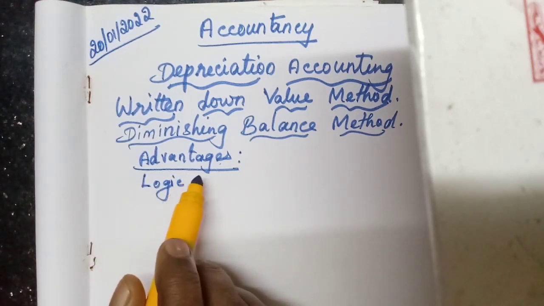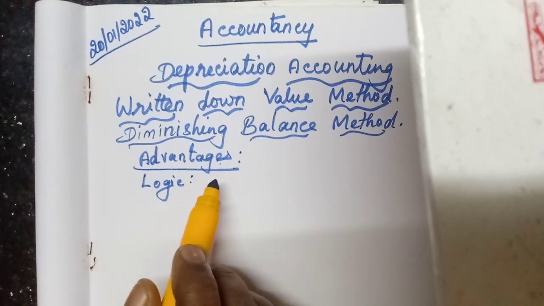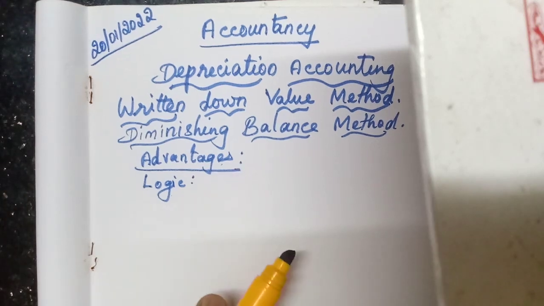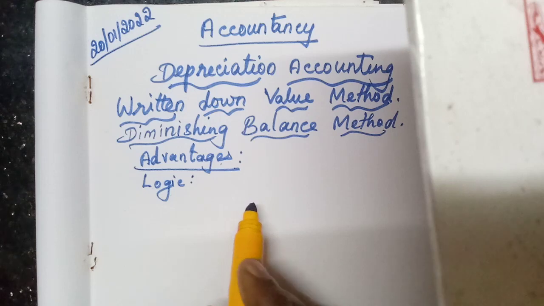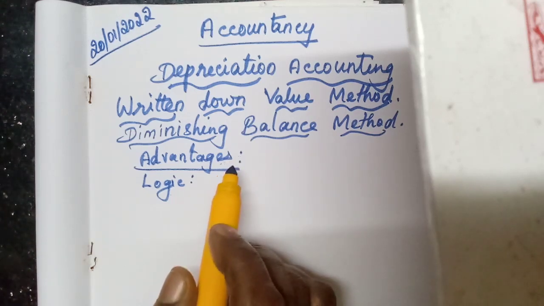Okay, because first we are calculating on the original cost, then we are calculating on the written down value.